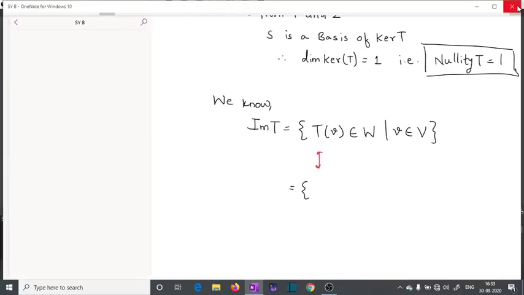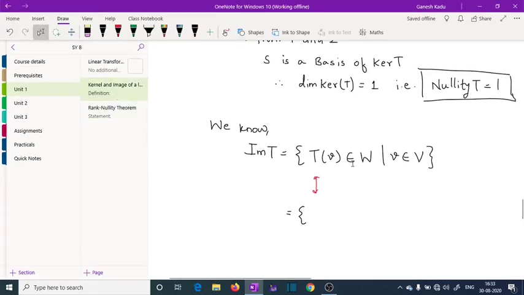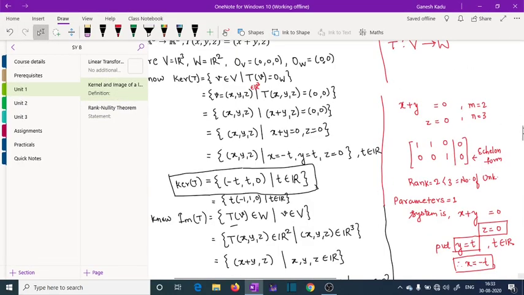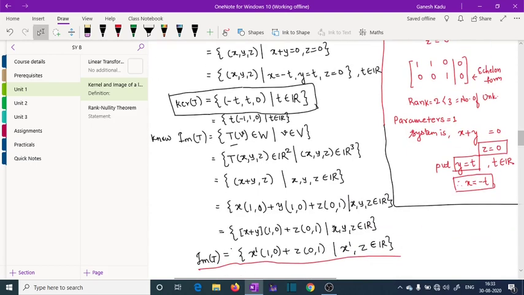So let us see what our image of t is. Yes, here it is. It is some real number multiplied by (1, 0) plus z times (0, 1).